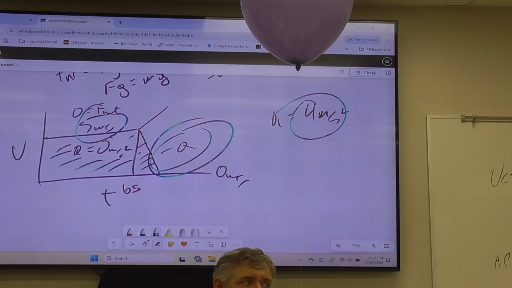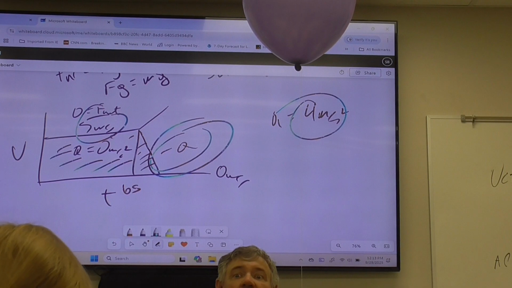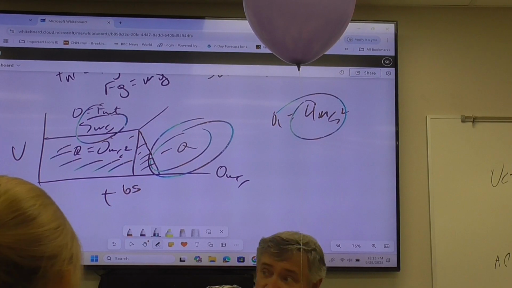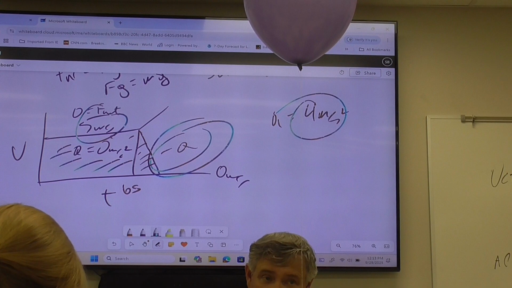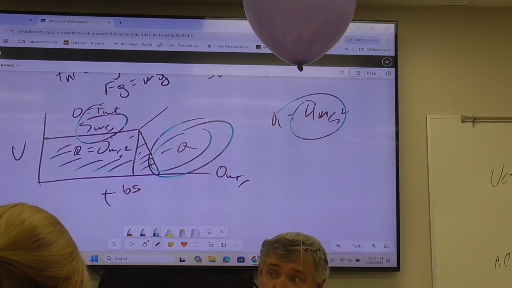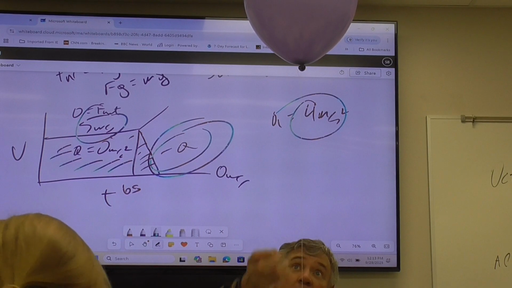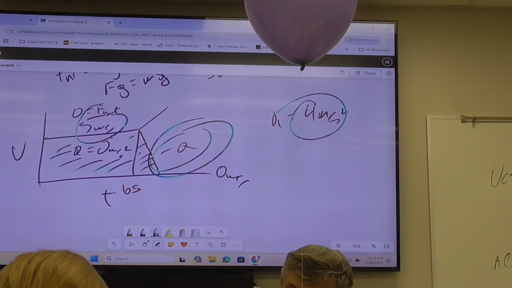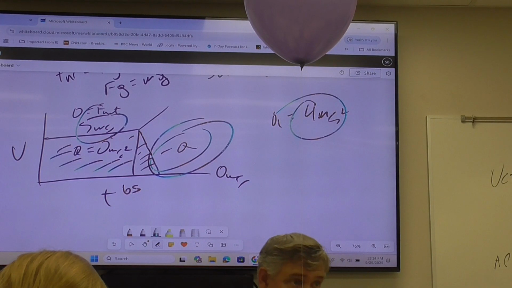The weight of the binder clip has not changed, because it's still the same amount of stuff times g, okay? But what happens to the force that the block has to provide? More or less than what it did before? Less, because now the balloon is providing some upward force. So there isn't as much force that the block has to provide.